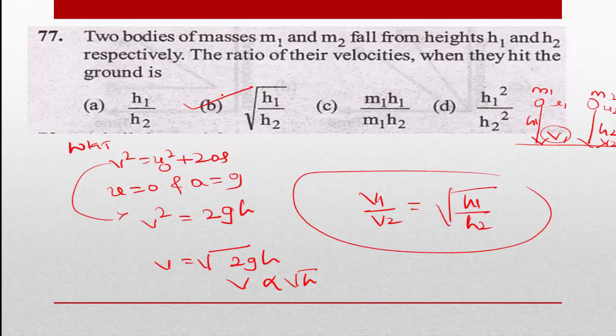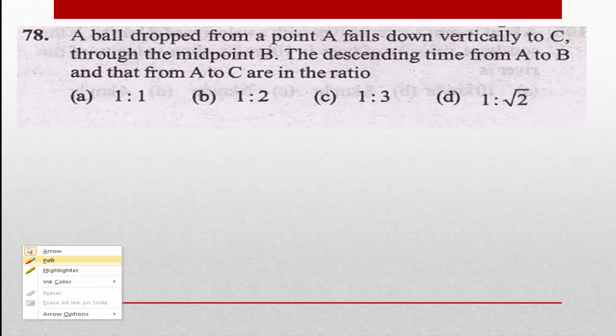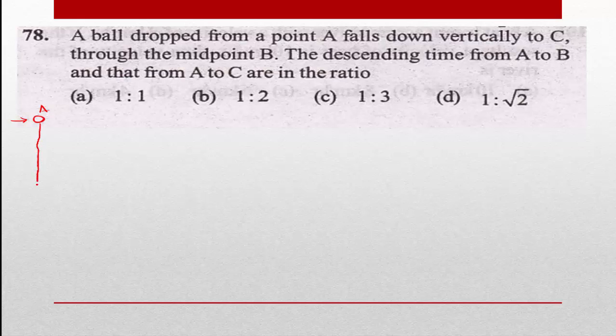And then the question number 78. A ball is dropped from the point A and falls down vertically to point C. This is the point A, and this is the point C, through the midpoint.